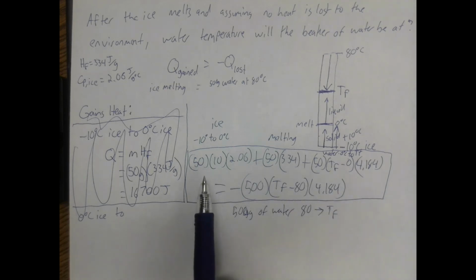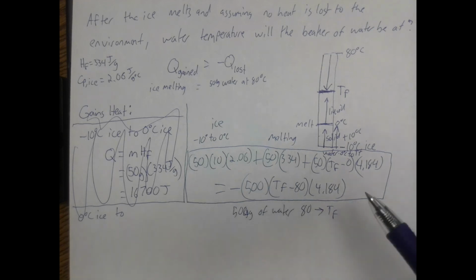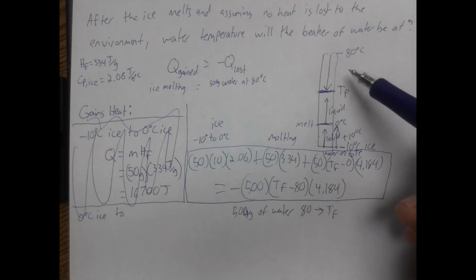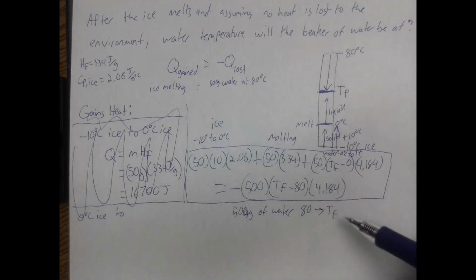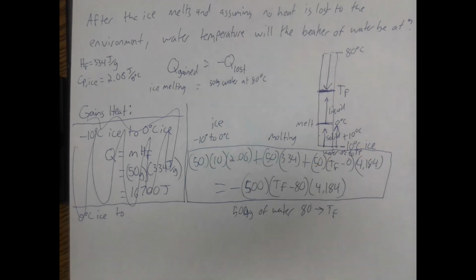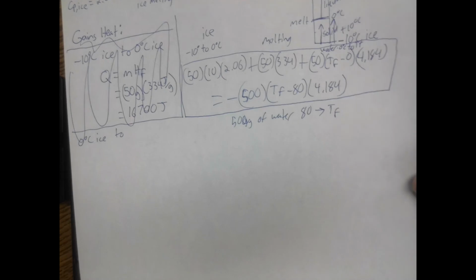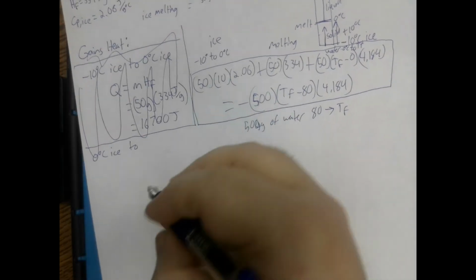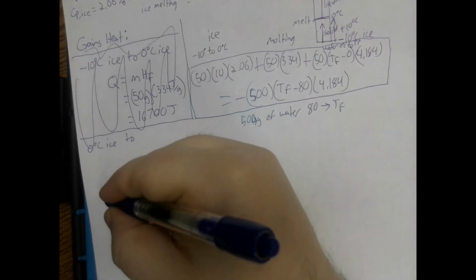I know that on the left side I'm dealing with only the ice, and on the right side I'm going to be dealing with the 500 grams of water that's going from 80. And inside my head I keep track of what the mass will be, what CP I'm on. So to make that clearer, rewriting this equation more easily.